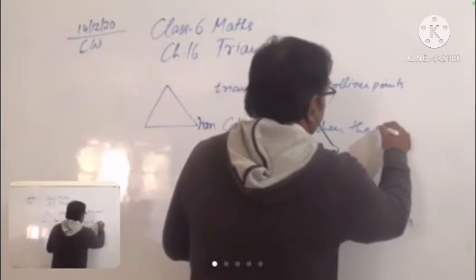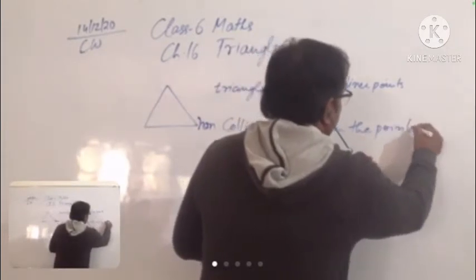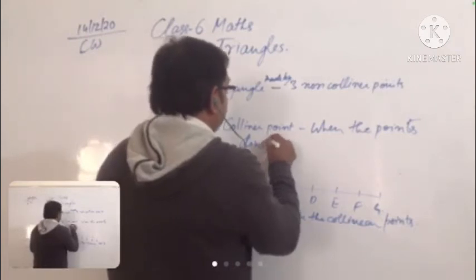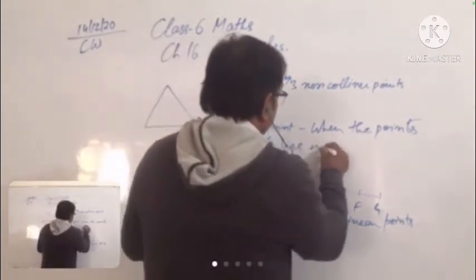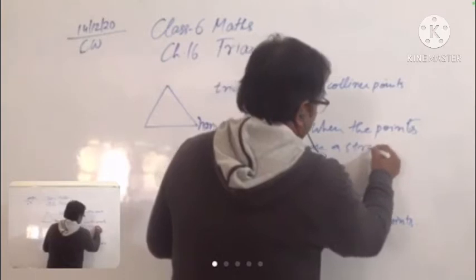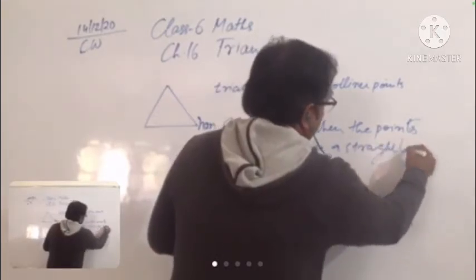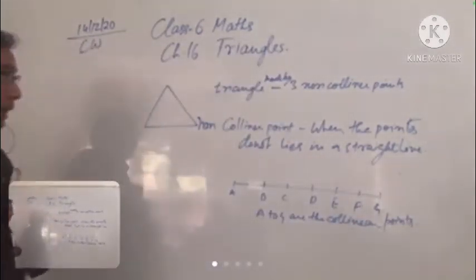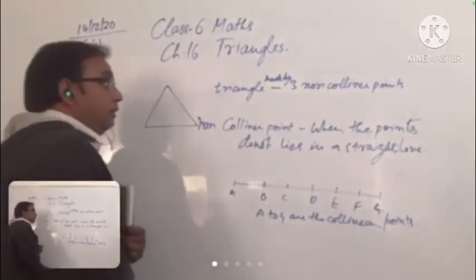If we join 3 points, then we get a polygon, that is a triangle. If we join 4 points, then we get a quadrilateral, because when we draw line segments between the points, they form a closed figure.